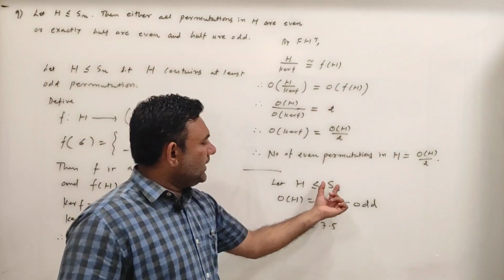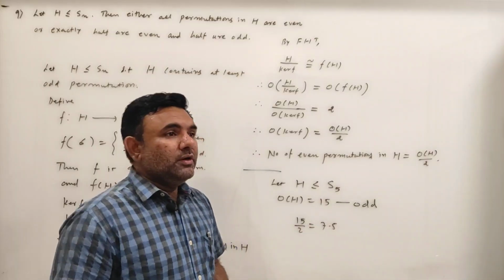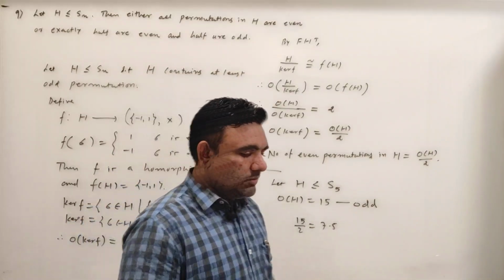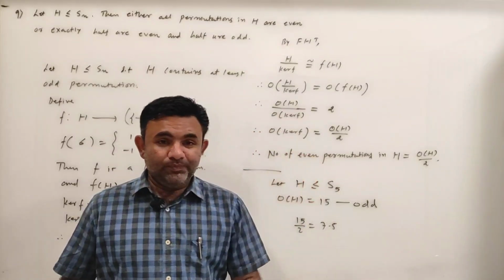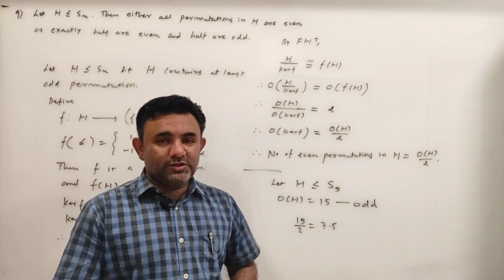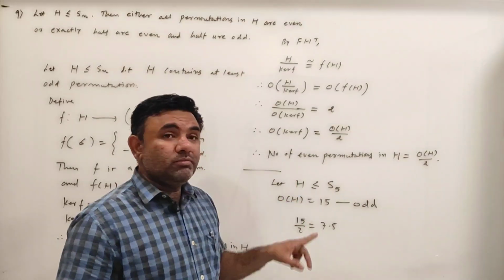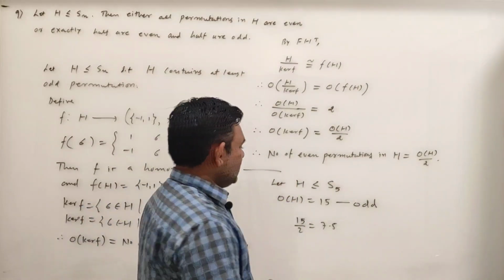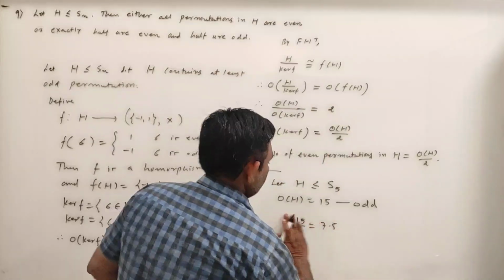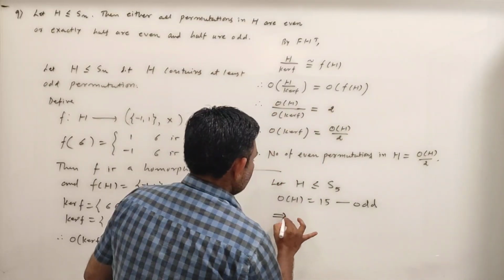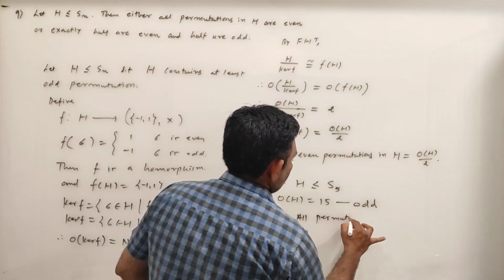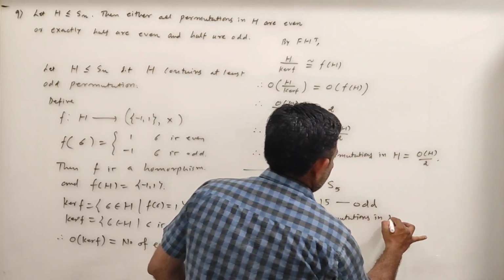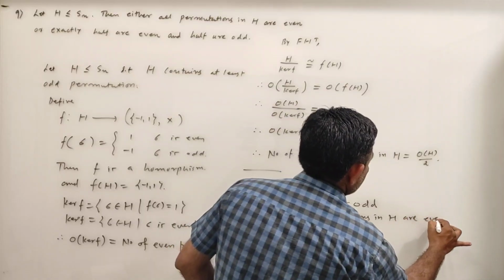So if you are given S5 and suppose it has some subgroup of odd order, then all the permutations in that H must be even, and as a result 15 is odd, so all permutations in H are even.